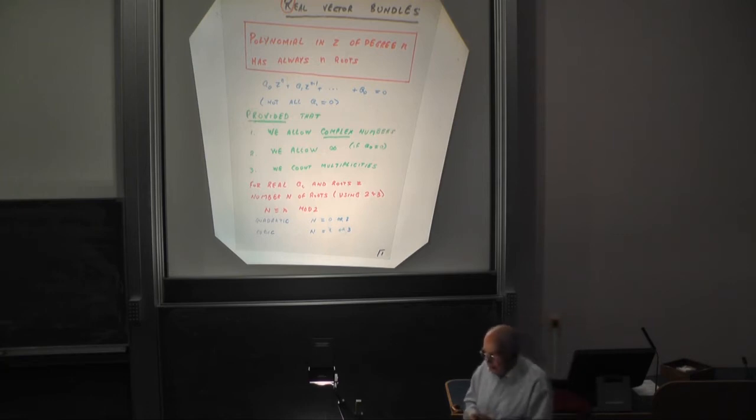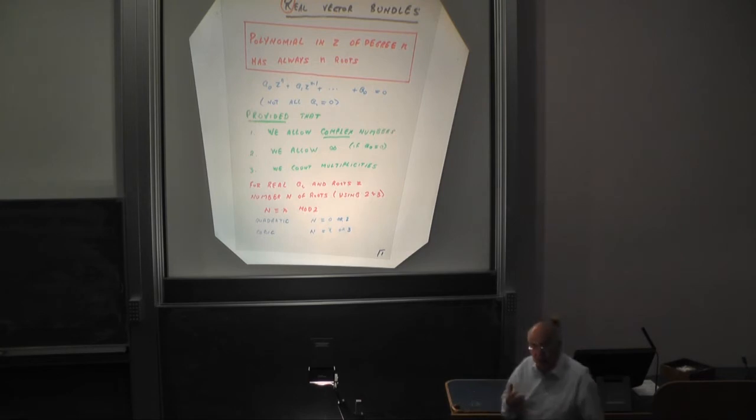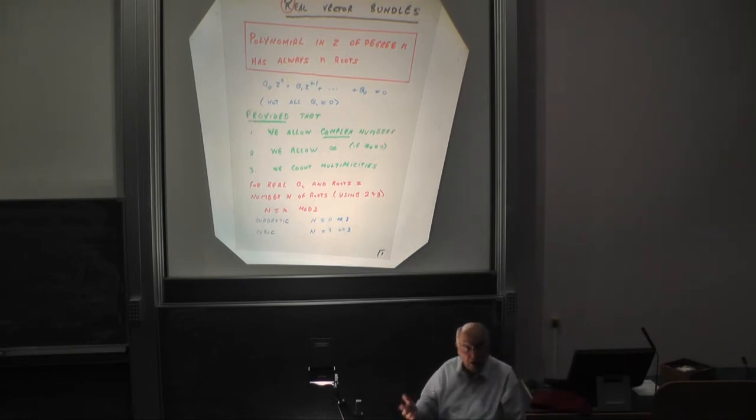Over the complex numbers, the great beauty from the point of view of topologists is that the complex plane comes with a natural orientation. You multiply by i, and that rotates the plane through 90 degrees in one direction. By convention, we rotate clockwise. So the complex numbers have a natural orientation. That's why complex roots can be counted as integers, not just modulo 2.